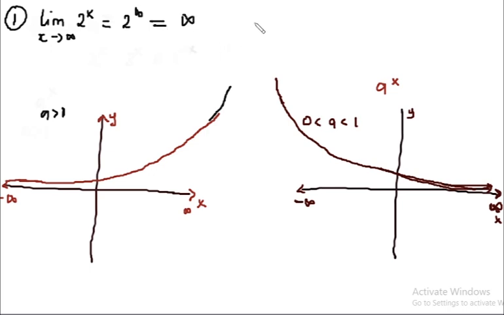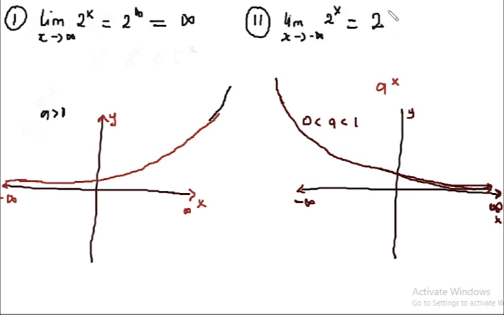For a counter example, say we are asked to find the limit as x approaches negative infinity of 2^x. You can pause the video and try to solve this one yourself. Like before, I'll simply plug the infinity value into the x value here.